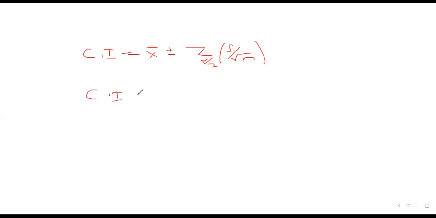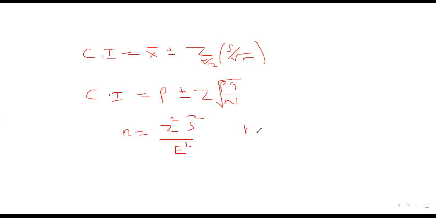For proportion, it's the same: P plus minus Z, root of PQ over n. The sample size is given by Z, S over A, and you square everything. Or Z, PQ over A, then square everything.